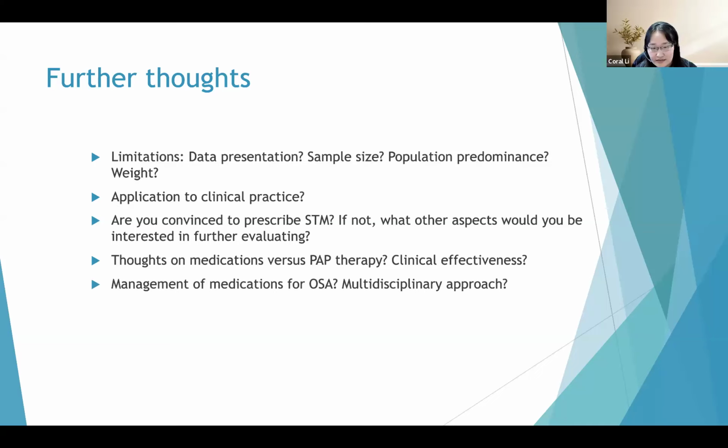Because it's going to affect obstructive sleep apnea, but it's also likely going to affect other components of the human body. So would it be a multidisciplinary approach, or would it be initiation and then someone else takes over? What is everyone's thoughts on ongoing management in the future?